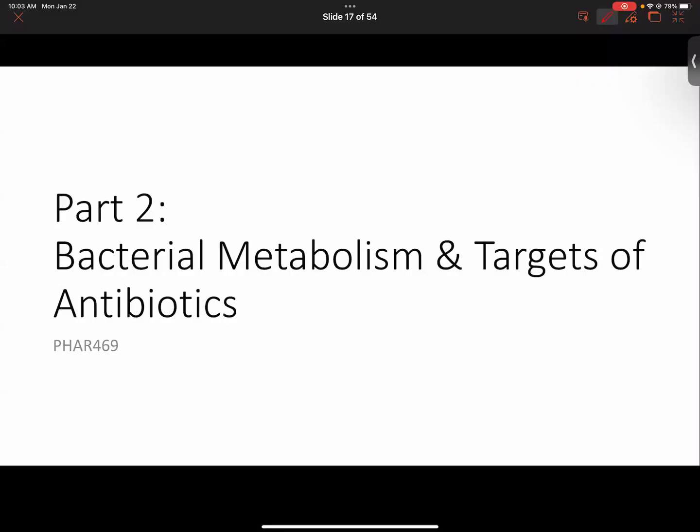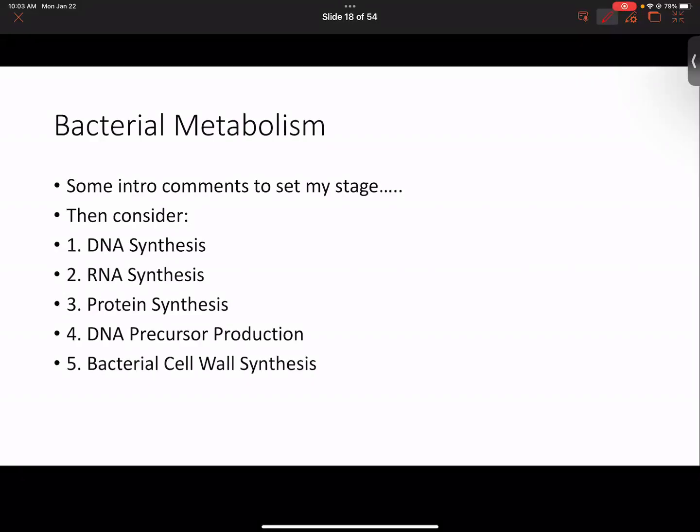All right, so we're going to spend some time talking about molecular targets of various antibiotics. And we're going to look at DNA synthesis. We're going to look at RNA synthesis and protein synthesis. DNA precursor production very, very briefly. And then we'll finish up with cell wall synthesis.